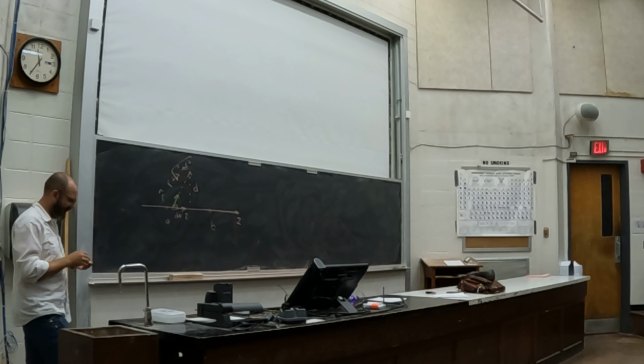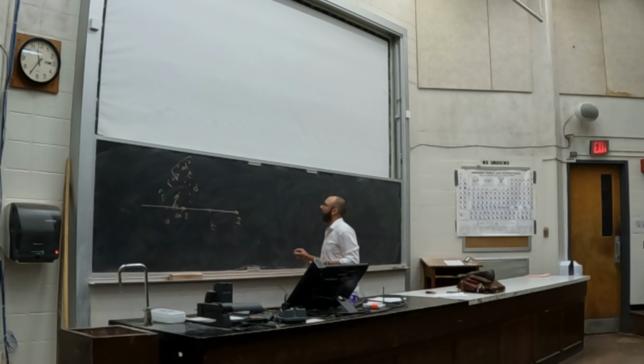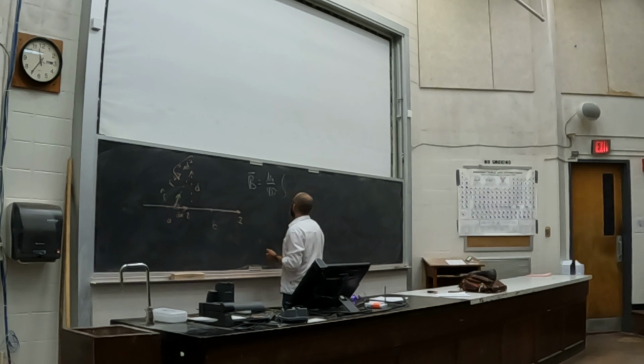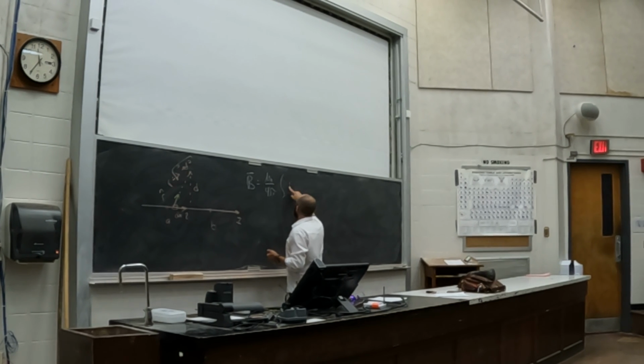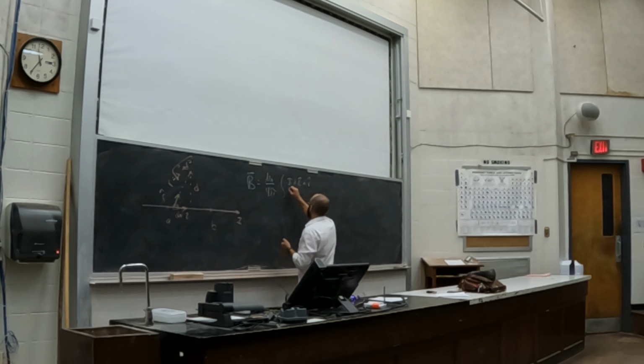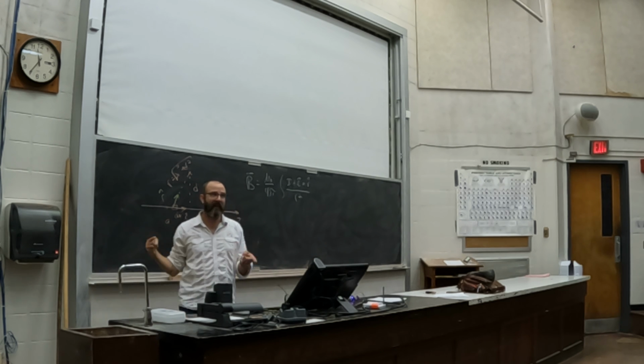Once I have all that in place, the Biot-Savart law says this. Magnetic field is equal to mu naught over 4 pi integral of I dl cross r hat over r squared, where I is my current, dl is my path.